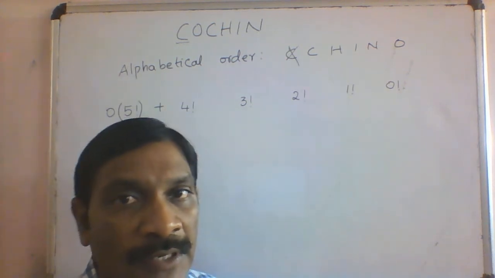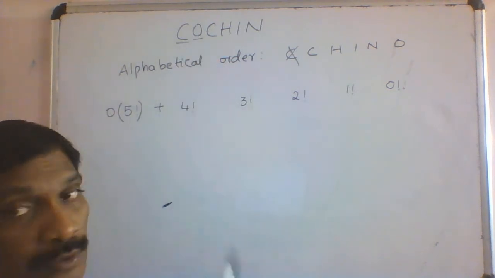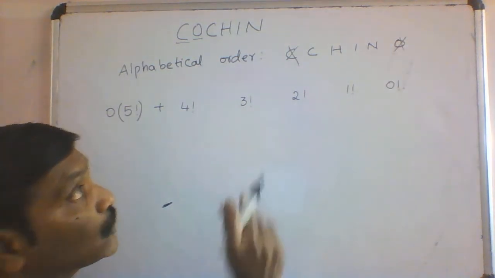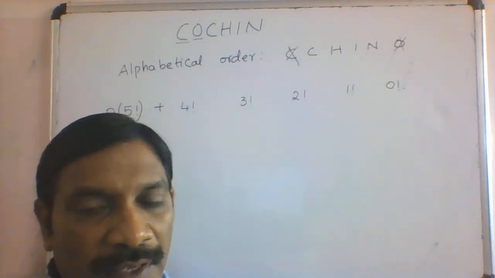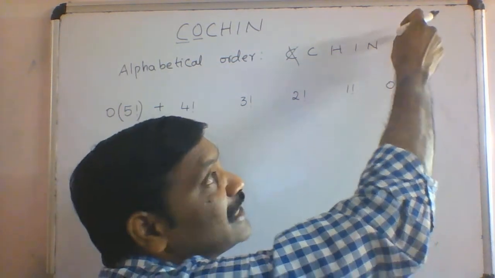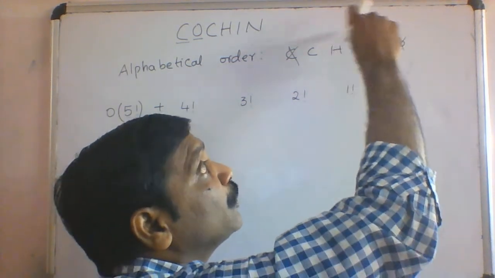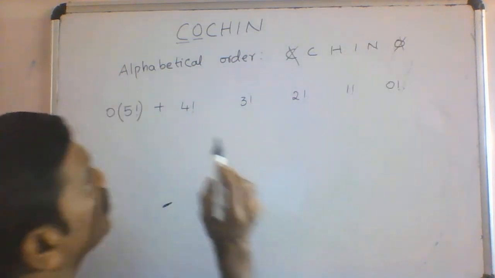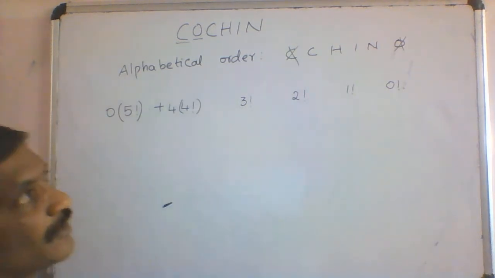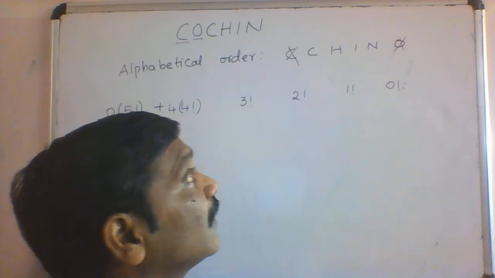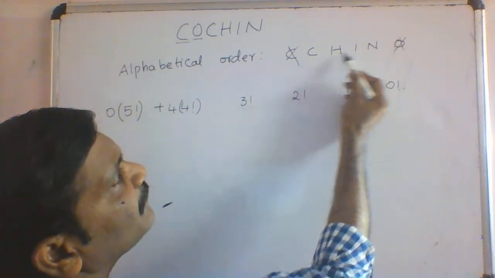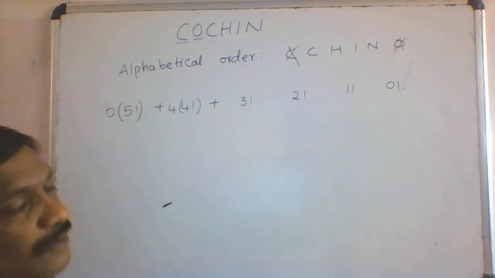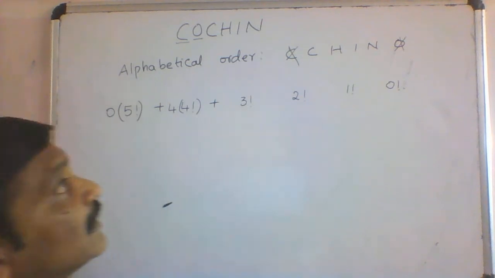Plus, next required letter O. See where is O? O is here. So among the leftover letters, including just now which we have struck off, leftover letters are 1, 2, 3, 4. So here I can keep 4. Now any repetition is there, including this O, we have to count. Any repetition among them? C-H-I-N-O. No repetition. No letter is repeated. So leave it.